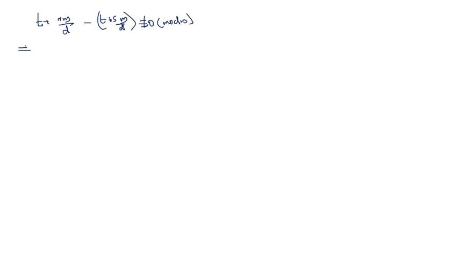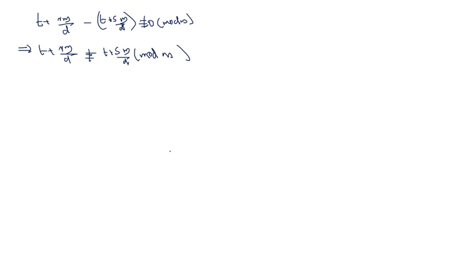That means t plus r times m by d is not congruent to t plus s times m by d modulo m. That means the d solutions are incongruent modulo m.